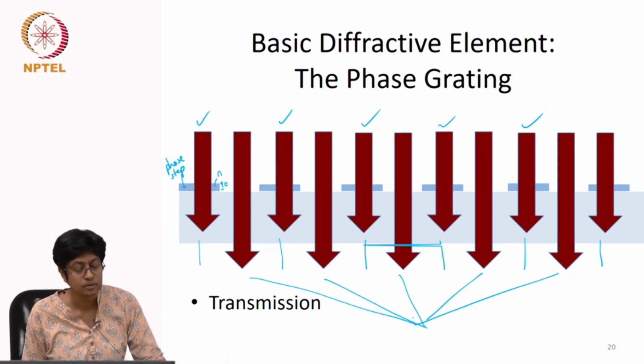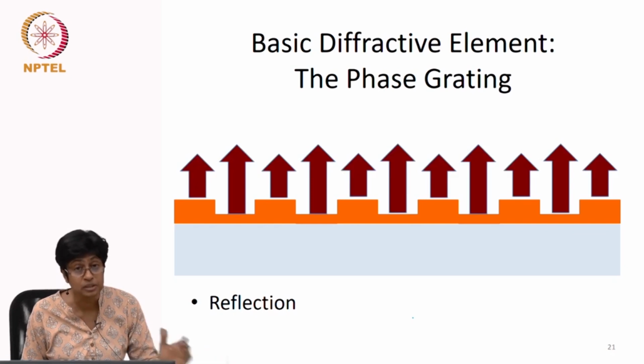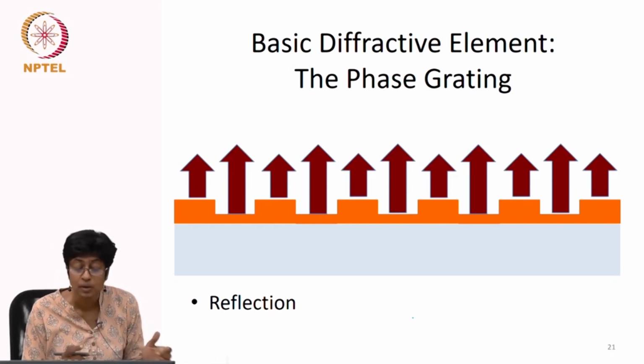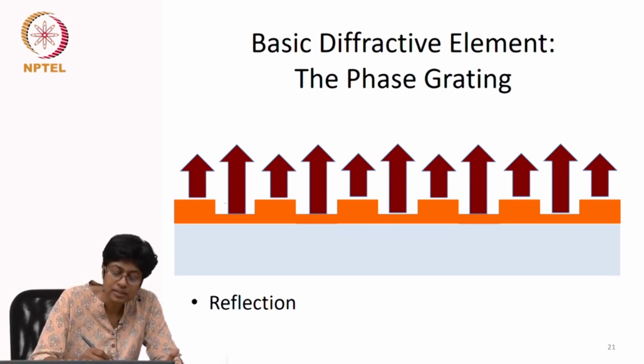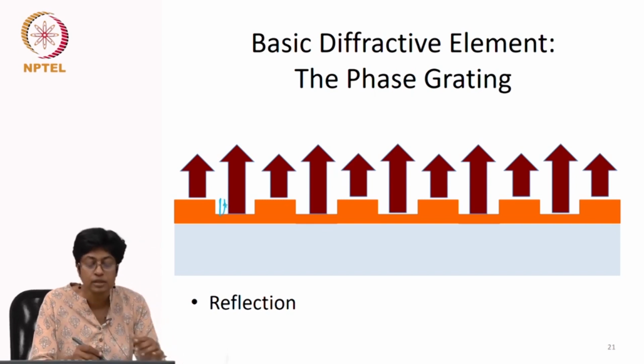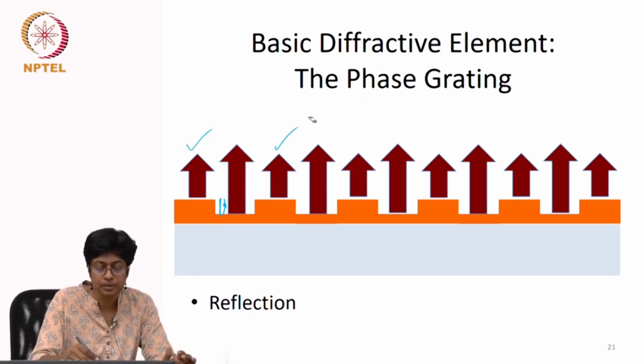These are both examples of transmission elements. I could have reflection elements where the optical path length is different, because though both sets are reflected, this is reflected after going through twice this distance. So it goes down and it comes up, so it has traveled twice a distance more than these beams.